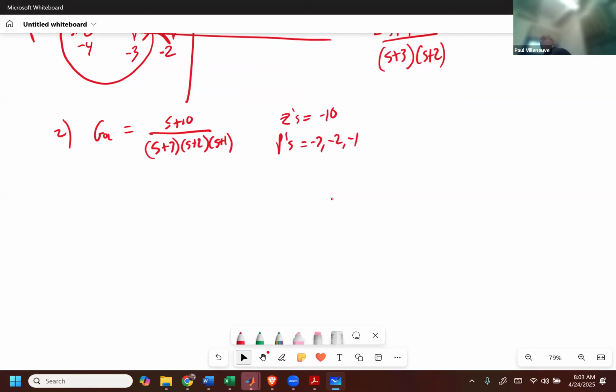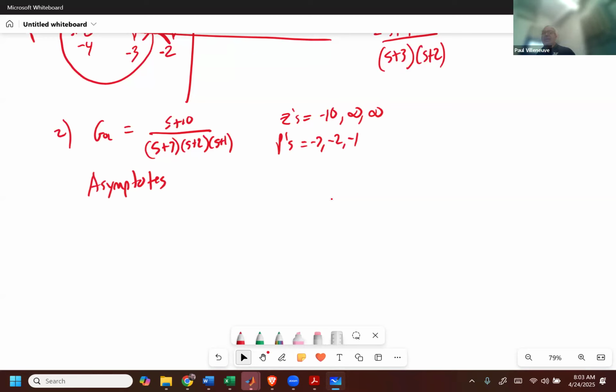But we know that we always have the same number of poles and zeros. So we have 2 at s equals infinity, which should immediately tell you I have to solve for asymptotes. That's the very first thing you need to think about.